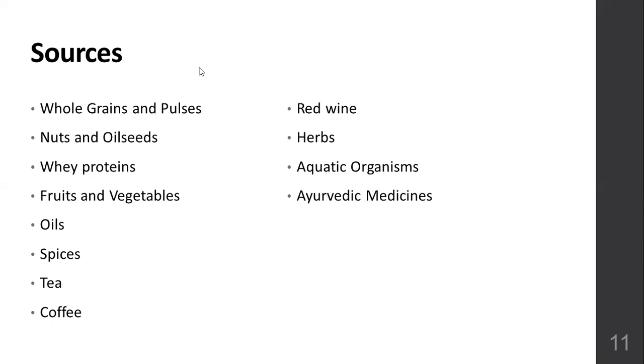Clove has the highest. 100 gram of cloves can give you 16,500 Trolox equivalents of antioxidant. That is the level of antioxidant activity. Next is cinnamon. Then you have star anise.